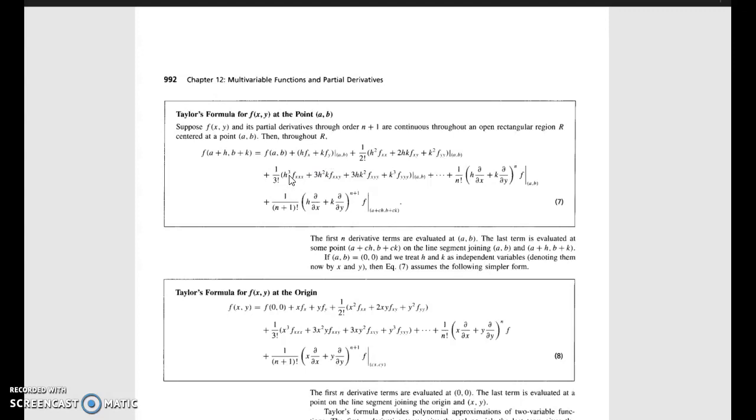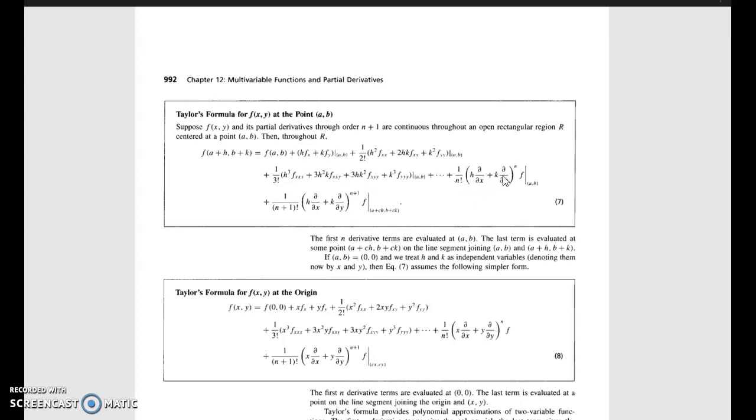So when h cube comes in this definition, then fxxx; for 3h square k, it means 2 x-derivatives and 1 y-derivative; when 3hk square comes, then 1 x and 2 y. Then k cube corresponds to fyyy.